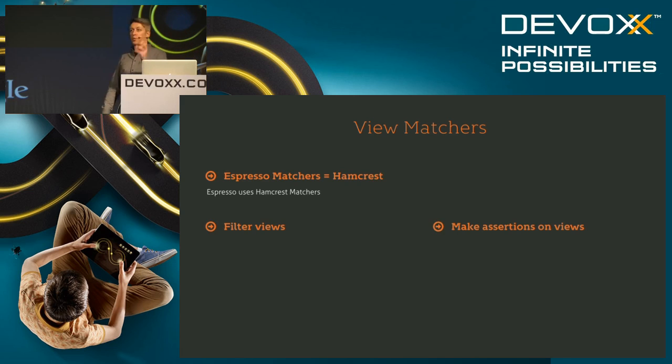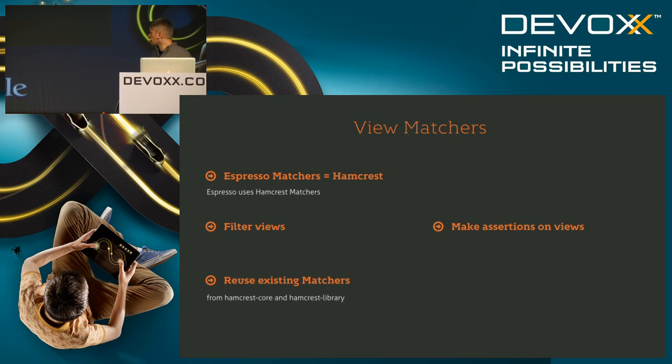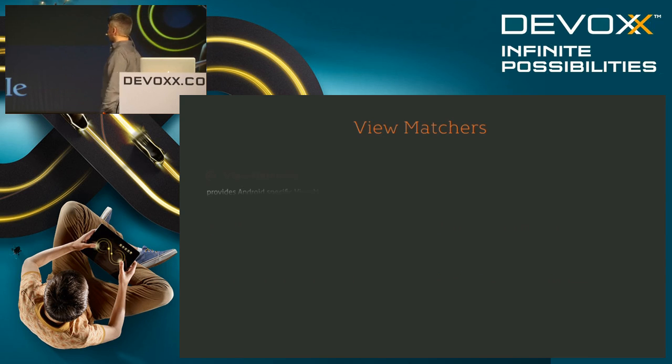So when we do filtering of these views or when we make assertions on views, we use Hamcrest. That means that you can quite easily also reuse whatever is in the Hamcrest library that's available. Besides that, of course, if you don't find what you need, you can still write your own matcher.